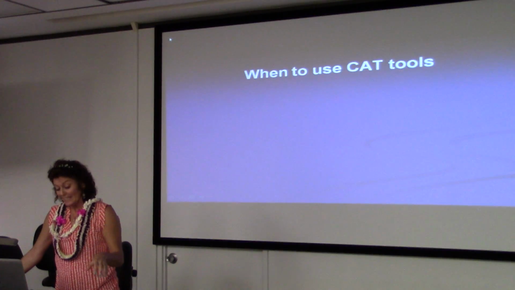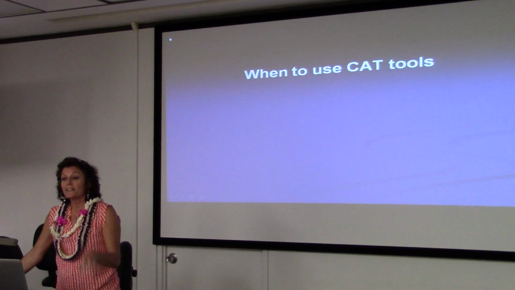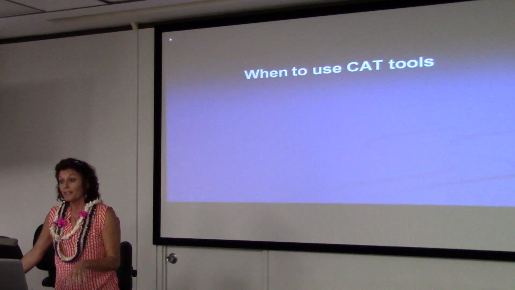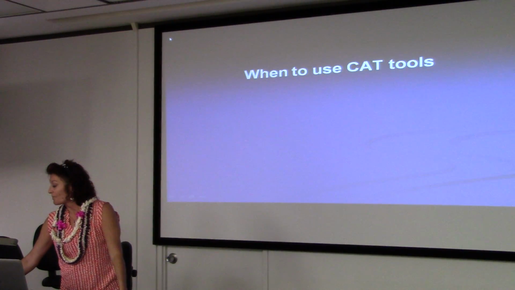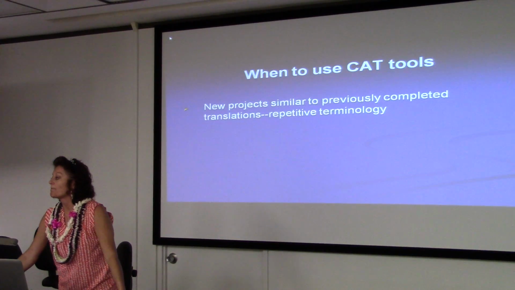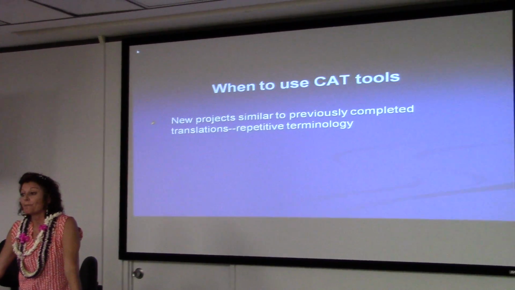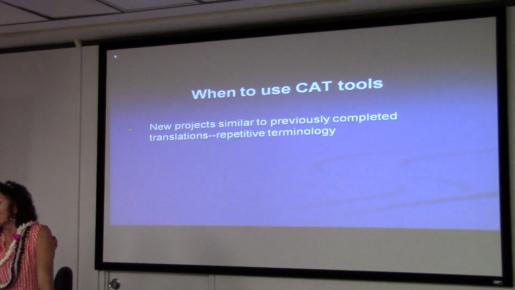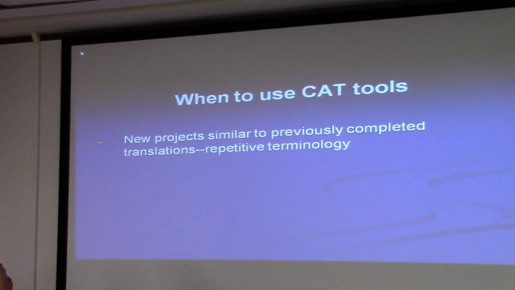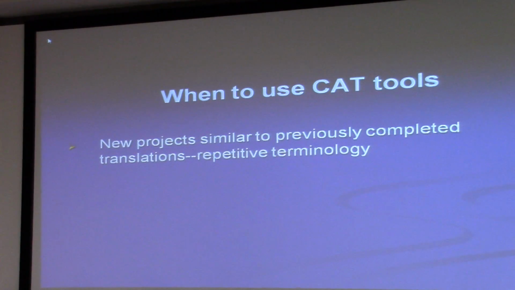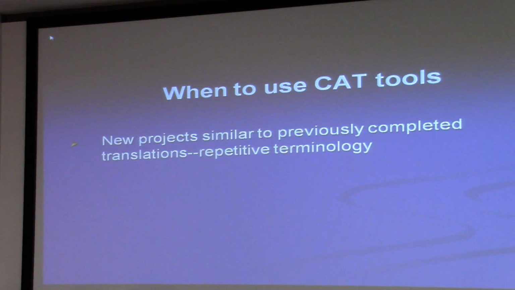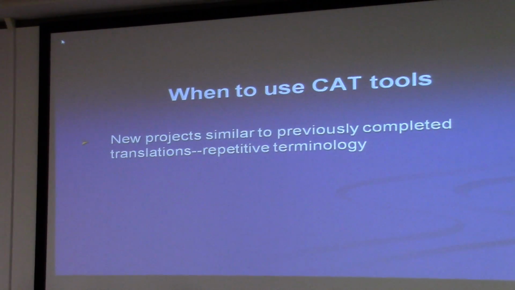So anyway, that's the main difference between an MT and a CAT tool. Now, when would you use CAT tools? Originally, they were developed for repetitive text. By repetitive, I mean anything technical like manuals, any technical documentation, any financial reports, annual bank reports, patents, or anything that is repetitive.